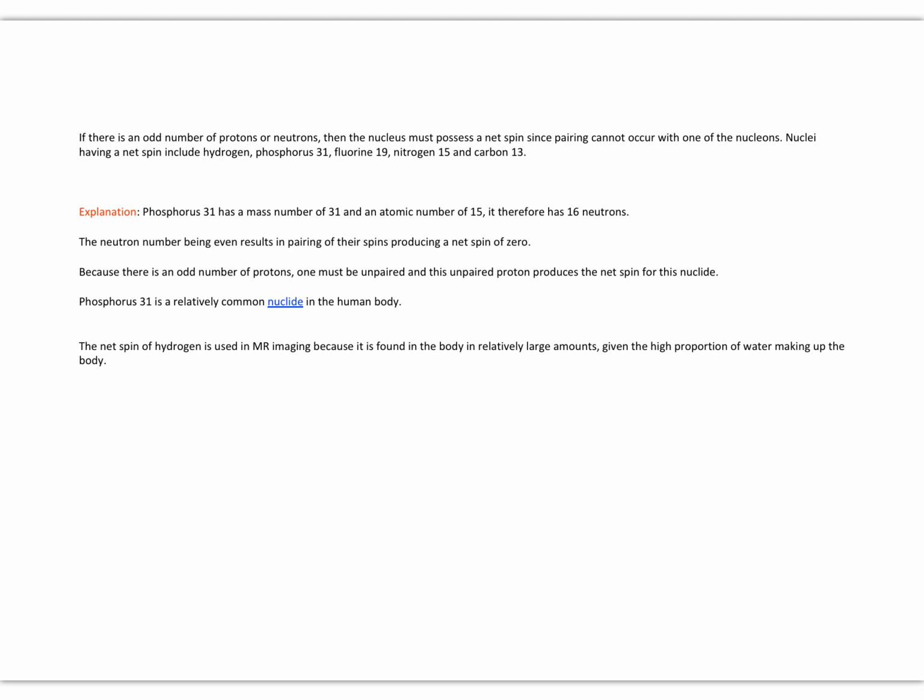Here we can see for phosphorus 31, we have an odd number.